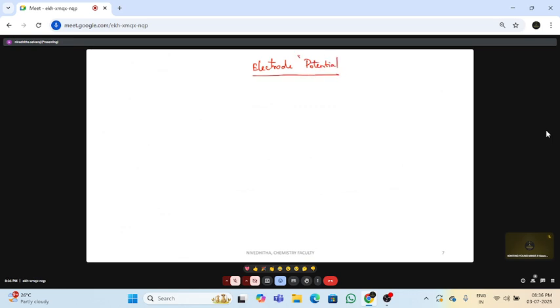Here also we are talking about potential, so it is capital E. Here we will not write anything in the subscript, so that represents just the potential of an electrode. If it is just E, then it is electrode potential at non-standard condition, and if it is E naught, then it is electrode potential at standard condition.